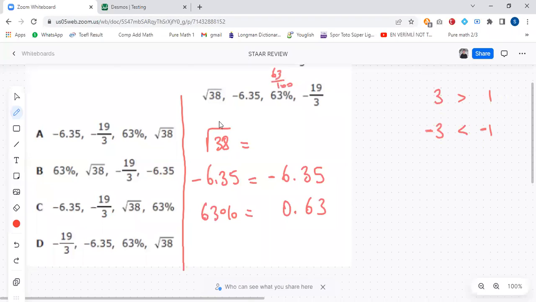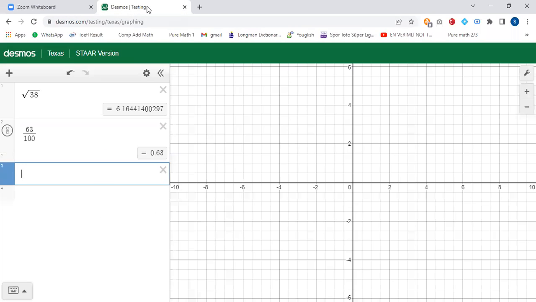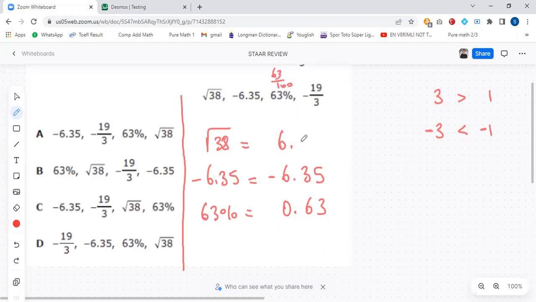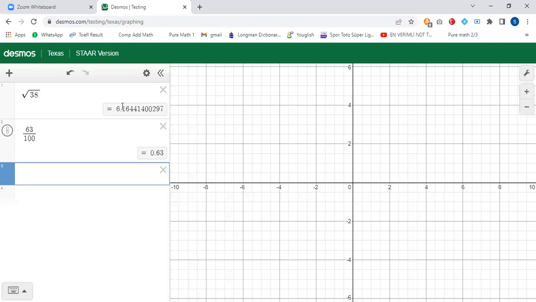And then, let's write the square root of 38, which is 6.164. Let's see if we need the third number after the decimal point. All right, so the last one, -19 divided by 3.